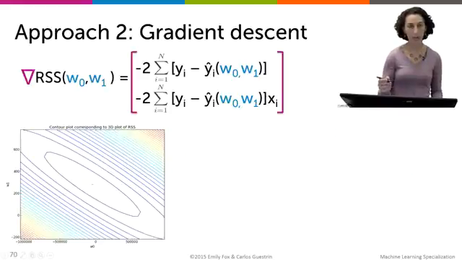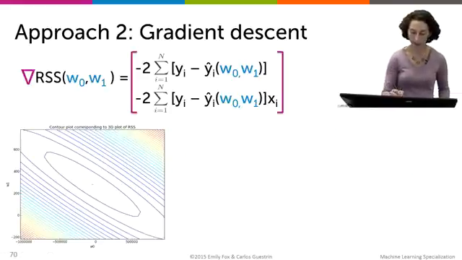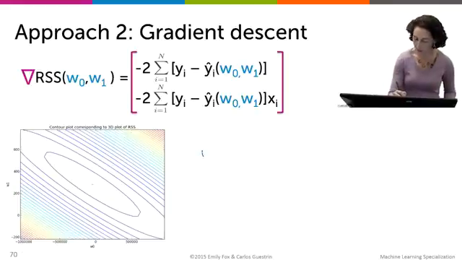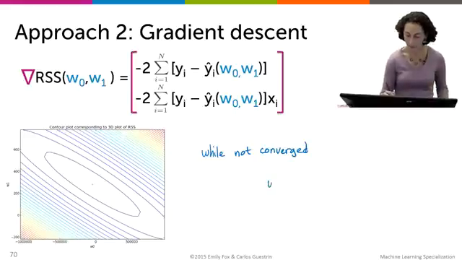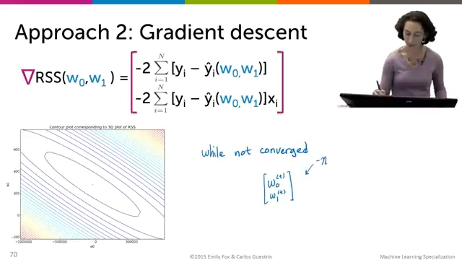Then when we go to write our gradient descent algorithm, what does the algorithm say? Well, while not converged, we're going to take our previous vector of W0 at iteration t, W1 at iteration t, and what are we going to do? Well, we're going to subtract eta times the gradient.